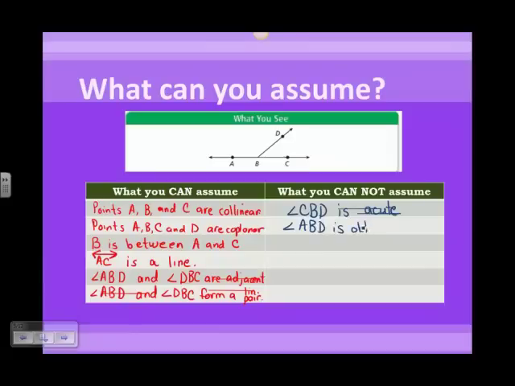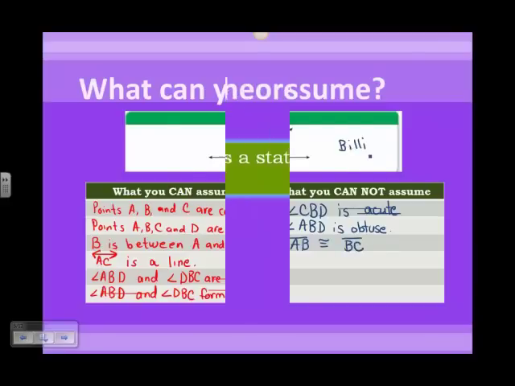We cannot use what I call the Billy theorem. We can't say that something is true because it looks like it. No Billy theorem. And another thing we cannot assume, even though it may appear to be so, is that angle AB is congruent to angle BC. So we can't use the Billy theorem. We can't say that things are true.